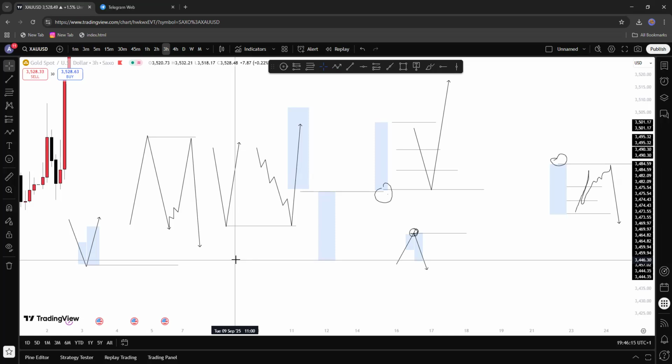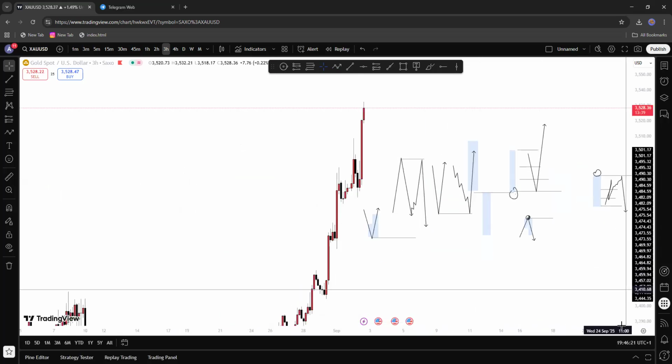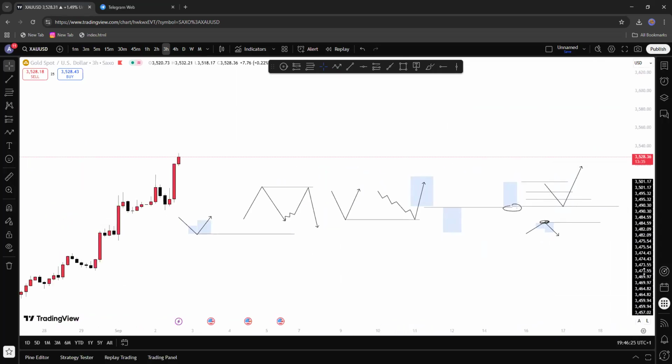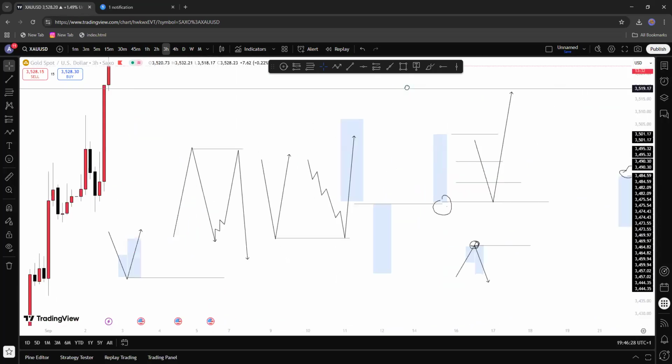Good. So now let's look into the charts to see how we can find A shapes and V shapes.